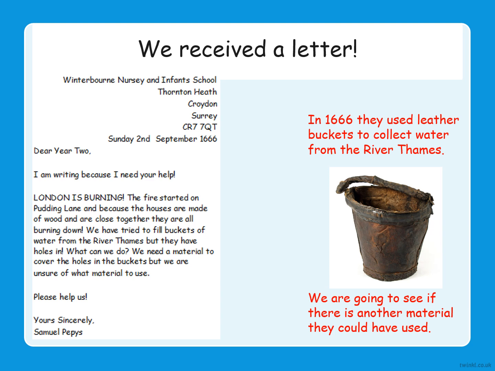Leather was not a suitable material to make a bucket out of because the water used to drip through the leather material. So today we're going to see if there is another material they could have used. What material could they have used to fill a hole in those buckets?